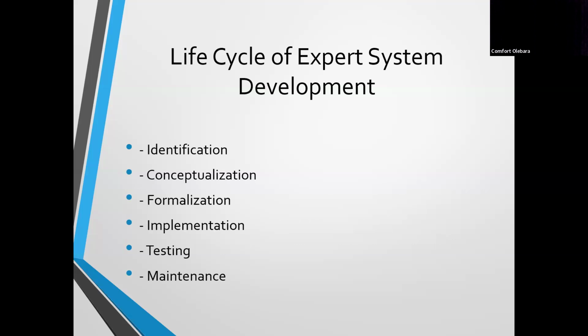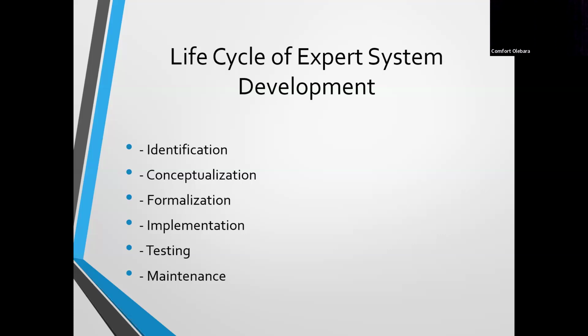Now, the life cycle of expert systems. In computing, we don't just get up and build software. We have what we call the software development life cycle. In an expert system, it's also the same thing.